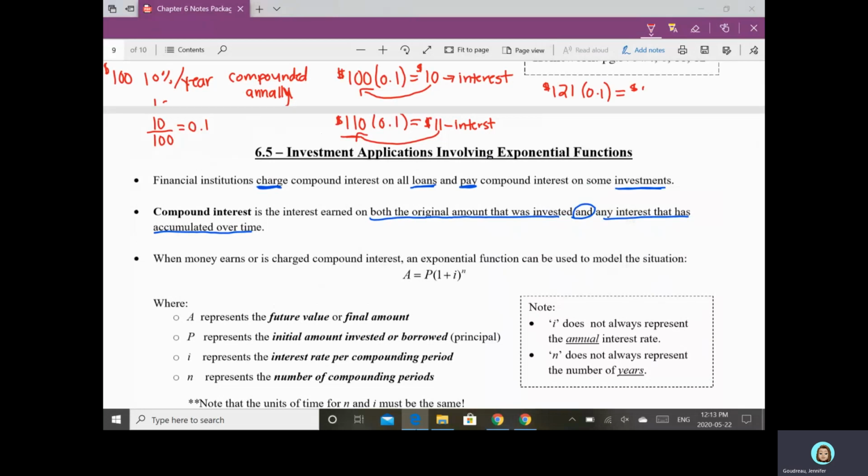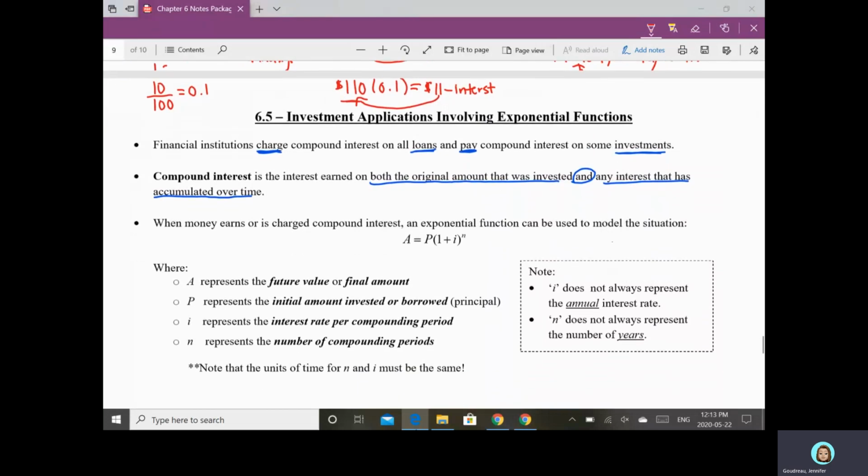So that year we earn $12.10 in interest. And again, we will take that interest and add it into our investment amount. So that's how compound interest works. The interest is added in or compounded, and so our investment becomes bigger and bigger. So anytime we say the word compounded, that tells us that we are adding the interest in.